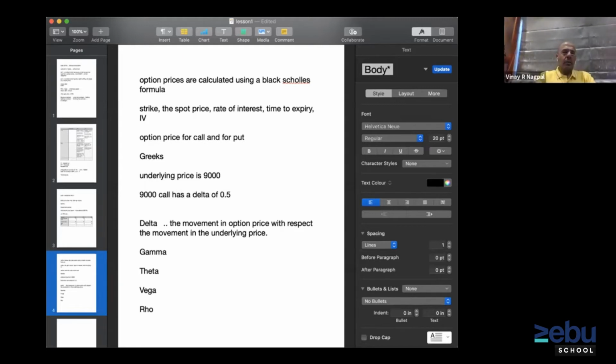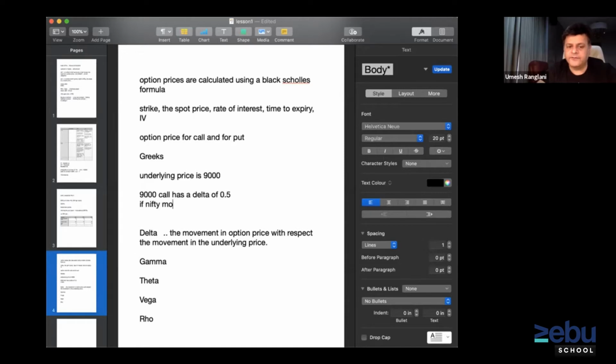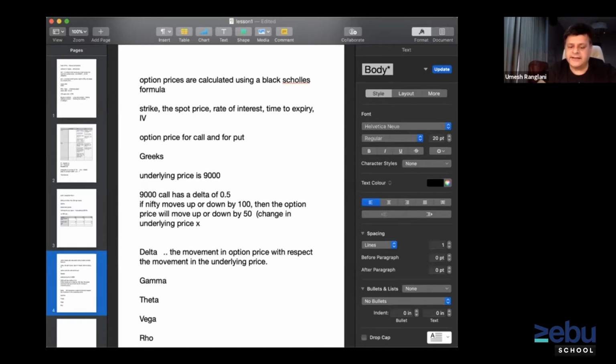What this means is that if Nifty moves up or down by 100, then the option price will move up or down by 50, because we are multiplying the change in underlying price by the delta of that option.